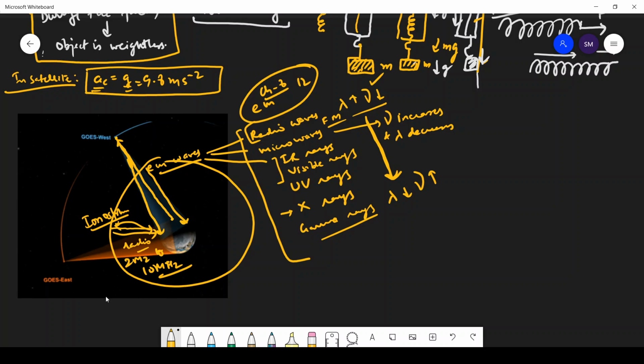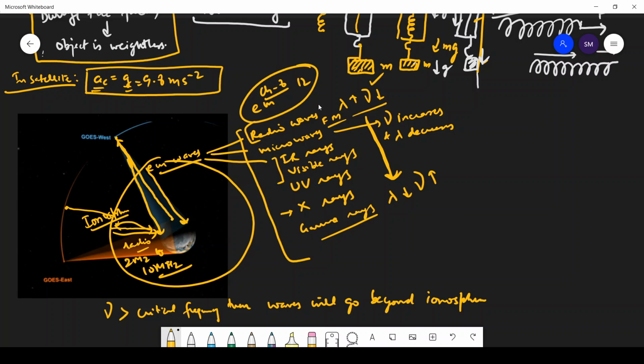If the frequency is greater than the critical frequency, then waves will go beyond the ionosphere, and for them we have satellites.